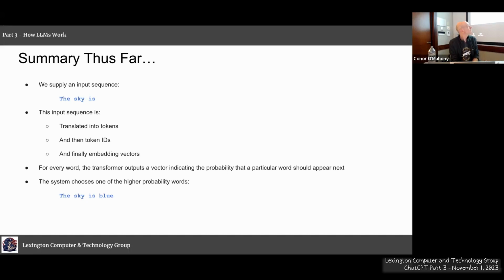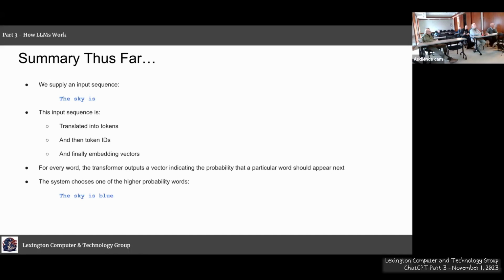Good. Barry is asking, in Otter speech to text, sometimes Otter will go back and change an earlier word. But GPT locks in a word once chosen, never going back to alter an earlier word. Would that practice ever become an advance in these narrative language models? Yeah.